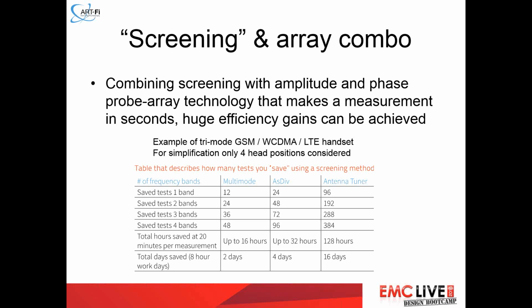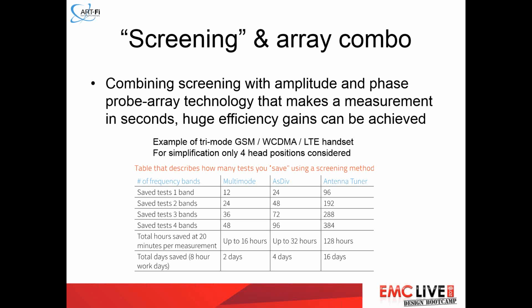When you look at what you can save on the legacy system, which takes typically 20 minutes per measurement, you can save up to 2 days of testing on a multi-mode device in this simple case, up to 4 days if you're using antenna switch diversity, or up to 16 days with a device that has an antenna tuner.